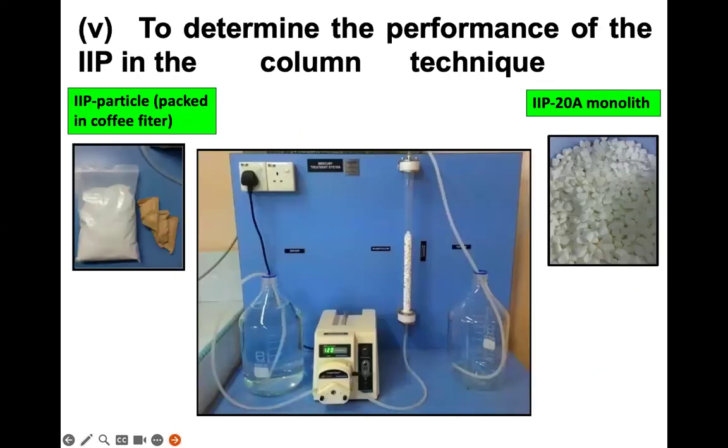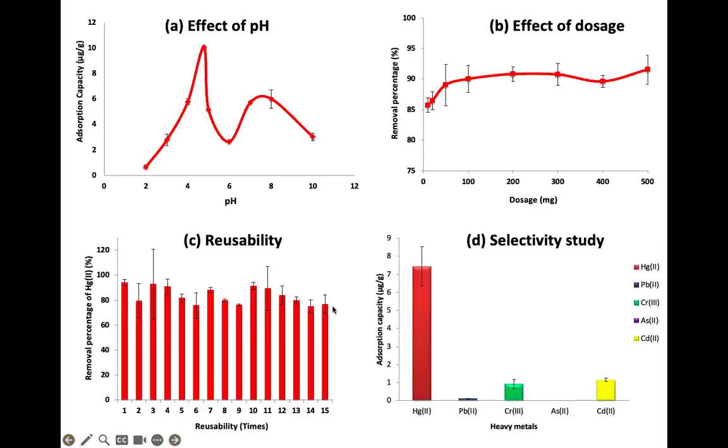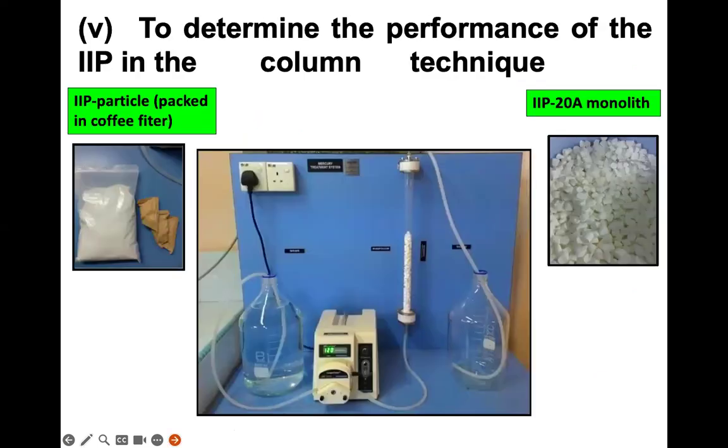And these are all the selectivity. These are all the study on the rebinding. So here we can see that imprinted polymer is designed for mercury. So when exposed to different metal ions, it's supposed to be low, and for mercury is supposed to be high. Okay. Right.